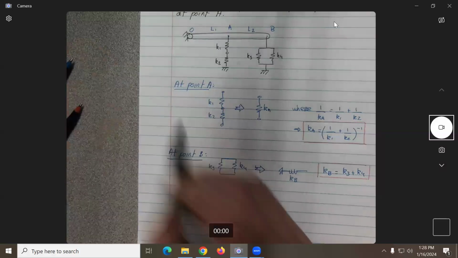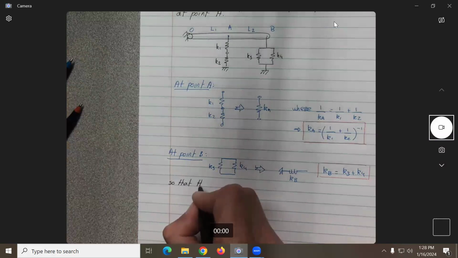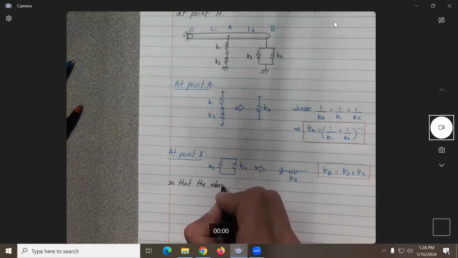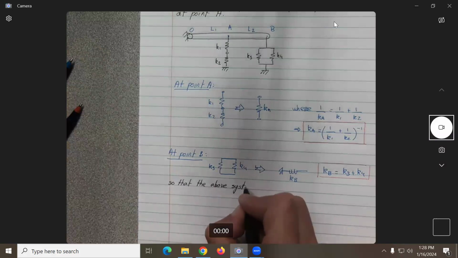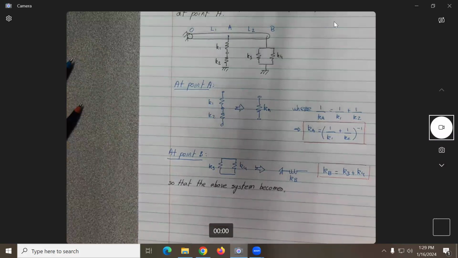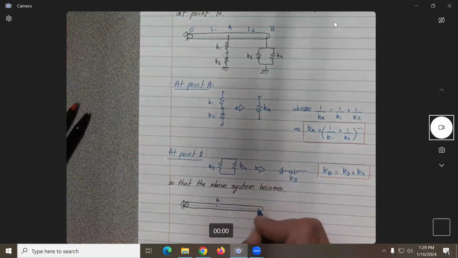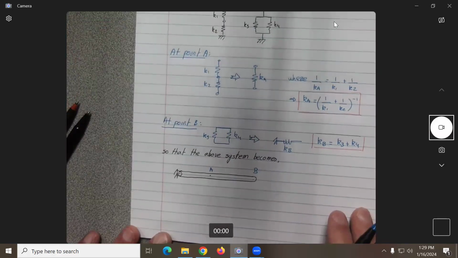Okay, so why do we do all this? So that the above system becomes what? Now we can redo the figure of this one, but with what this time?